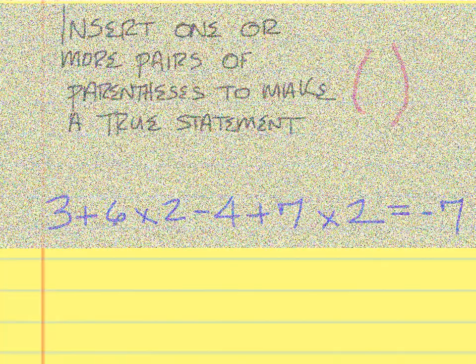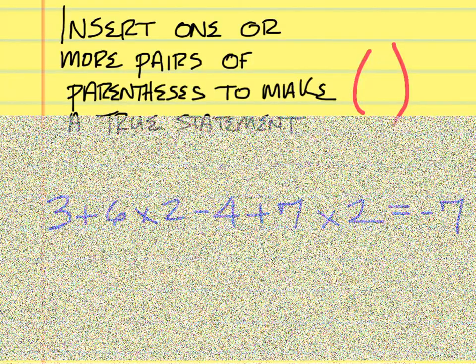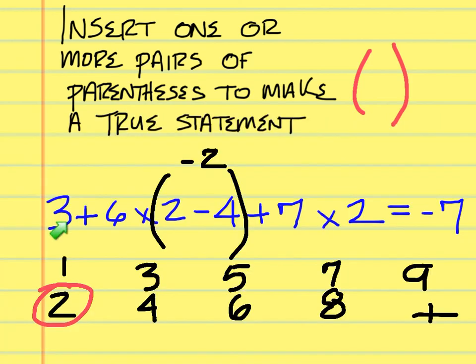Not knowing or remembering what the answer is, I'm going to try this first. If I did that, I'd have to do 2 minus 4 to get a -2, and then do the rest of the problem. 3 plus 6 times a -2. That would be 3 plus a -12. 3 plus a -12 is a -9. -9 plus this 14 would be 5.